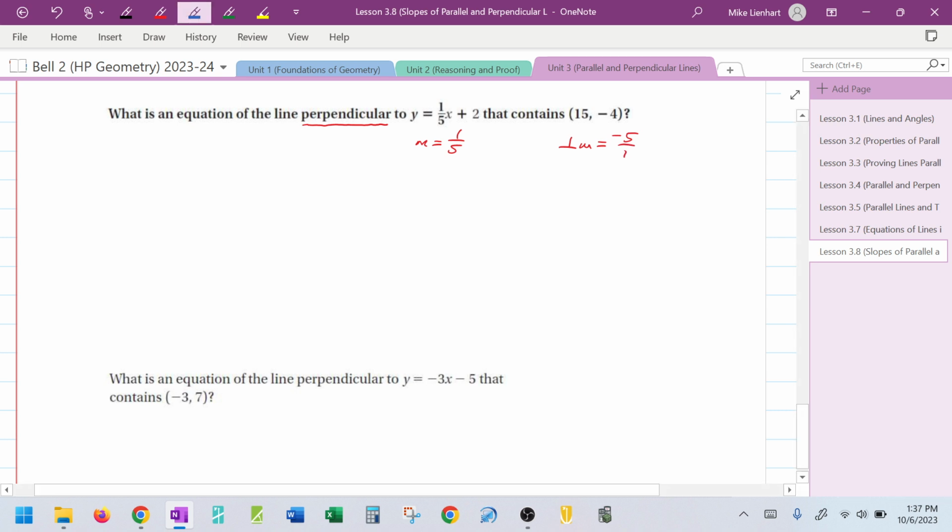So I'm going to use that point and the slope. I've got y minus negative 4, which would be y plus 4, equals negative 5 times x minus 15. Distribute: y plus 4 is negative 5x plus 75. Subtract the 4, I get y is equal to negative 5x plus 71.